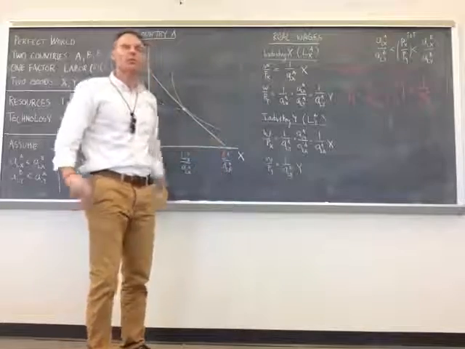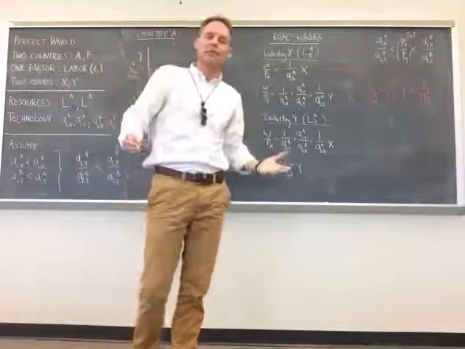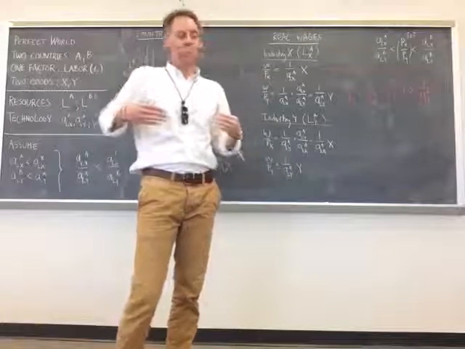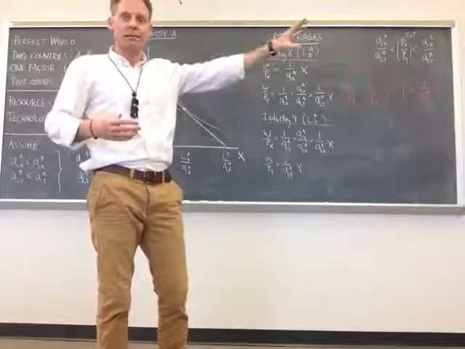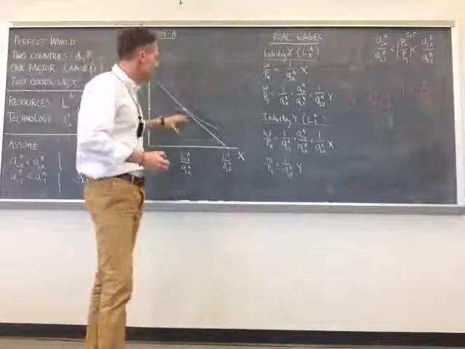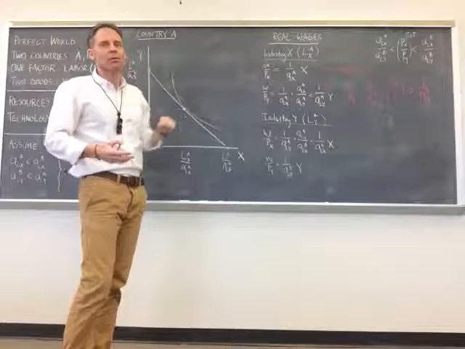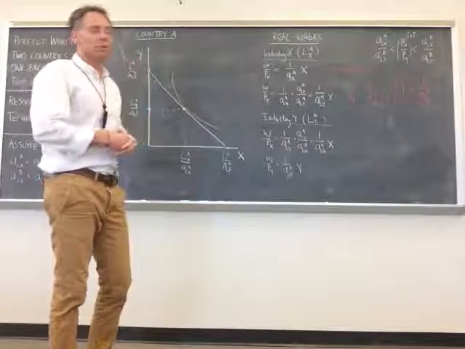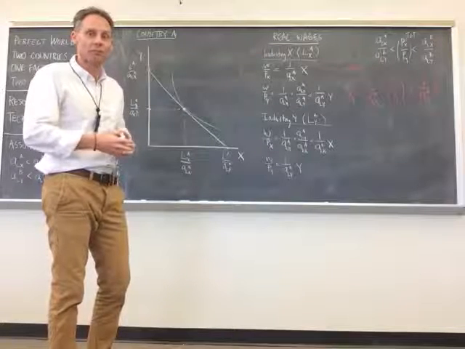This is, of course, the reason why a worker in the X industry has an incentive to sell her good to country B consumers instead of country A consumers. Because in country A, you're just going to get the opportunity cost, but in country B, they get a higher relative price for that good.